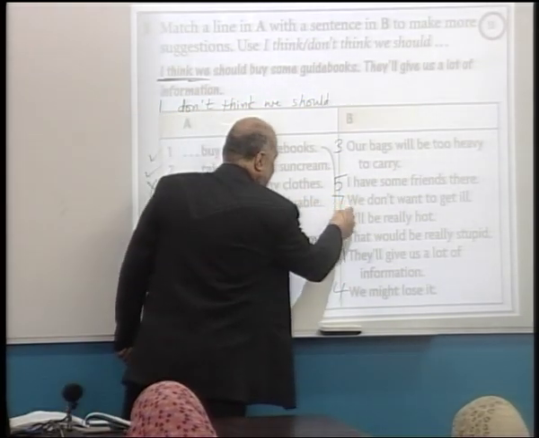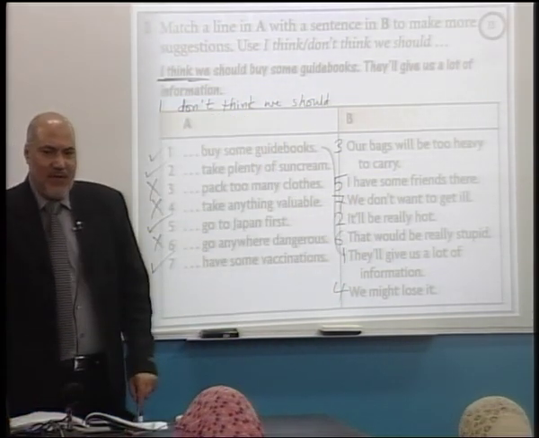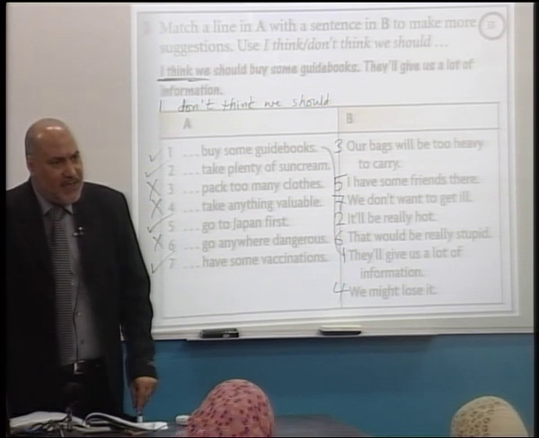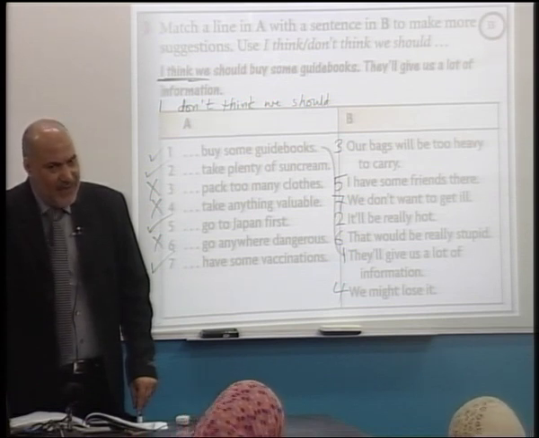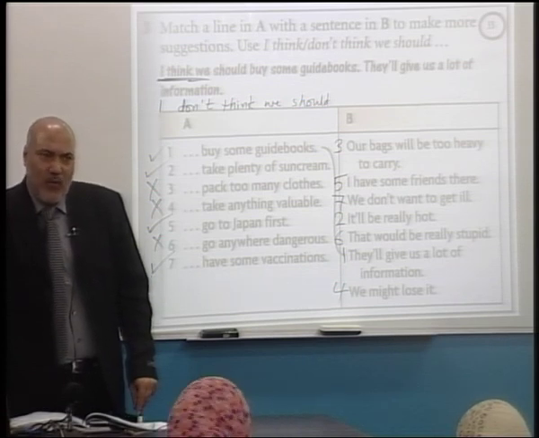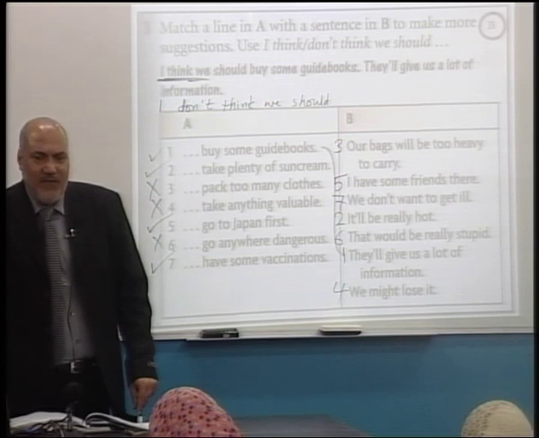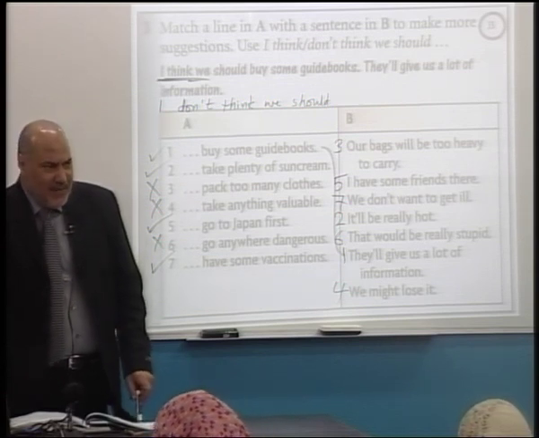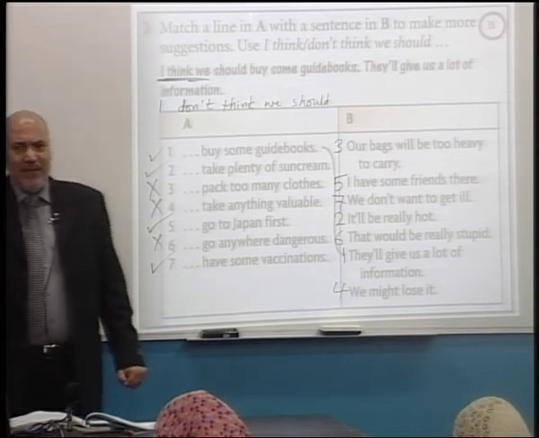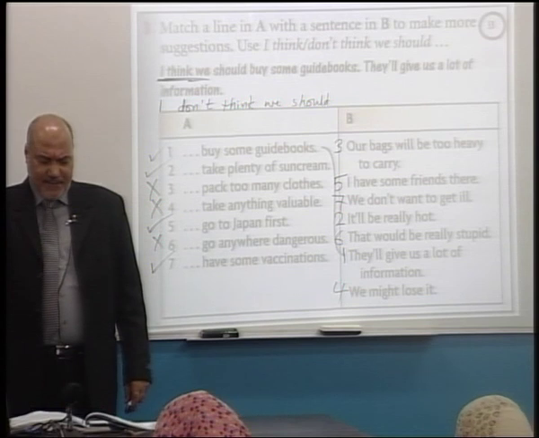This is number 7. So all these examples are suggestions or advice, and here we use I think or I don't think. I think we should, I don't think we should. The first one is for something needed, the other one is for something we don't need.